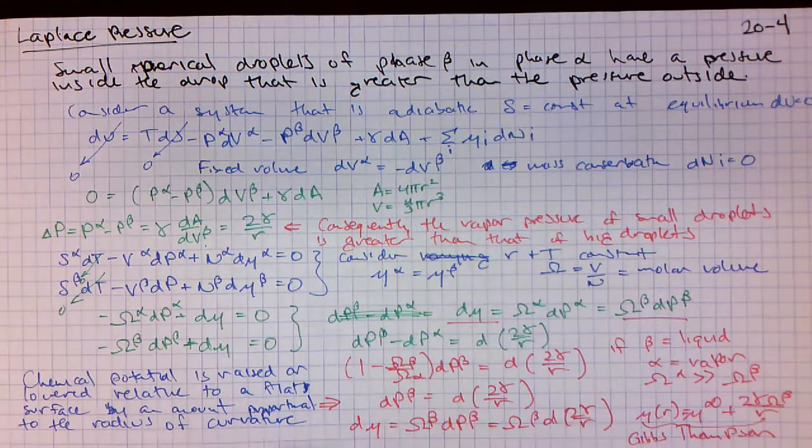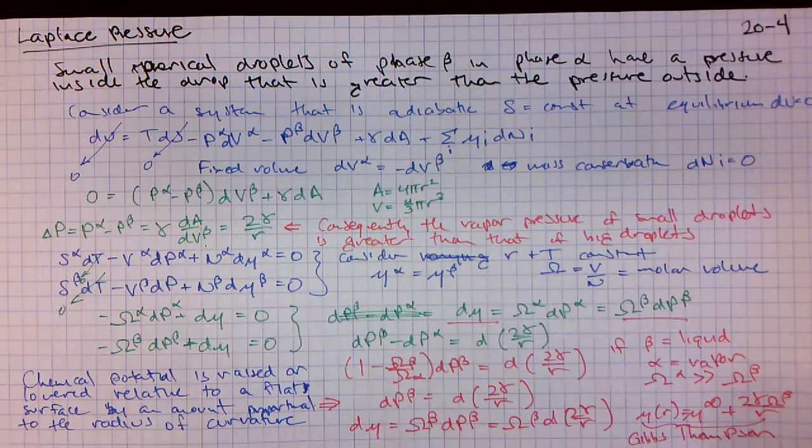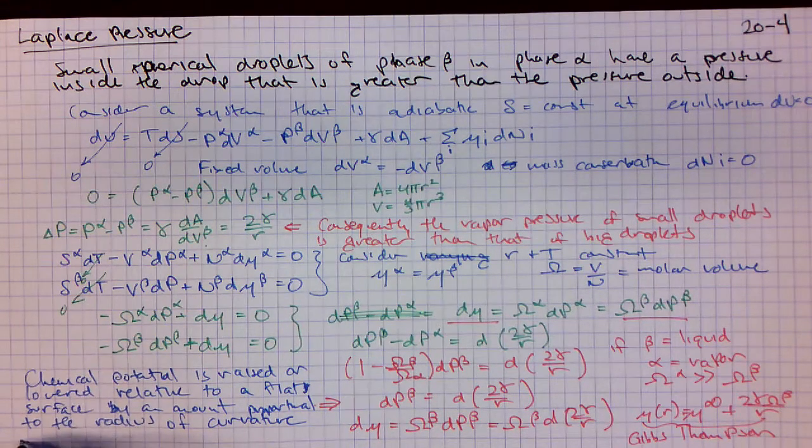The consequence of this is that if you have a system with small droplets, those small droplets are going to have a different vapor pressure than large droplets, and the smaller droplets will be disfavored relative to large droplets, and so that'll lead to coarsening, or in a conserved system to what's called Ostwald ripening.